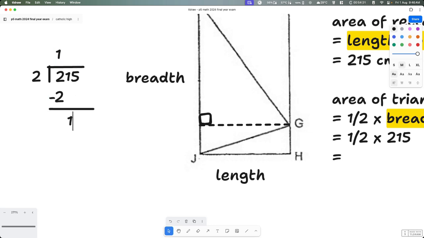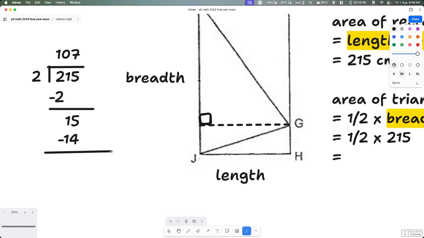So 1 5 over here. And then what we can do is we can minus, not 2, minus 12? No, 14. So 14, that means this is 7. Okay, so 107. So we put a 0 because we cannot minus 1, but then we put 5 over here. That's why it looks like this.